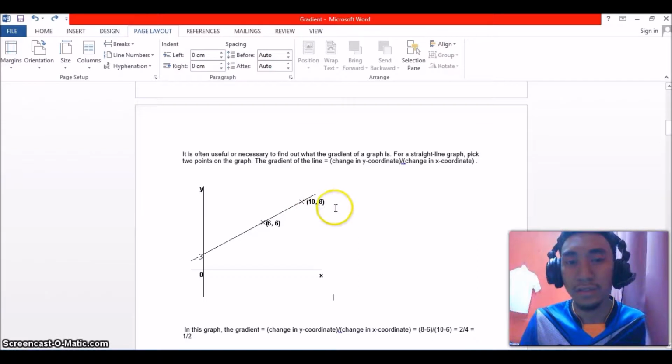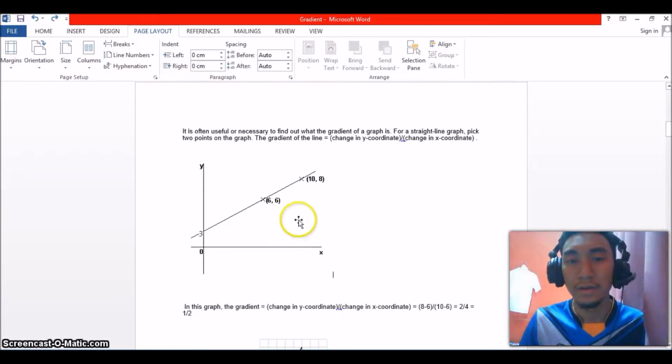For some questions, it gives you the coordinates of the line, so we must find the change in y and the change in x by subtracting the coordinates.